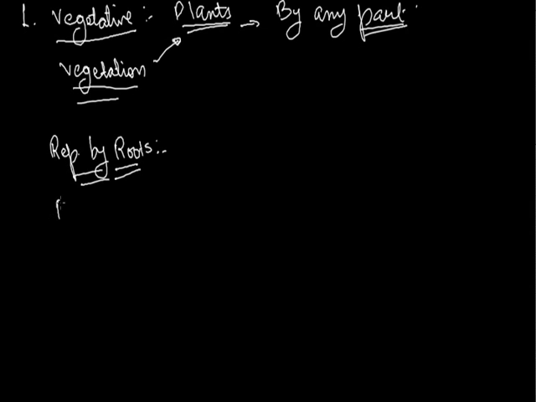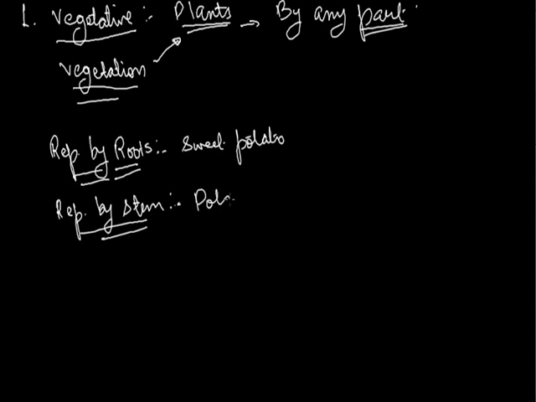Next is the reproduction by stem. In this we can see the sweet potato, which is the example of reproduction by the roots. Next is the reproduction by the stem, means the stem part of the plant will produce the similar kind of plant. The example is the potato. We know what will happen in the potato. Suppose this is a potato, which is a stem that grows and develops under the ground.